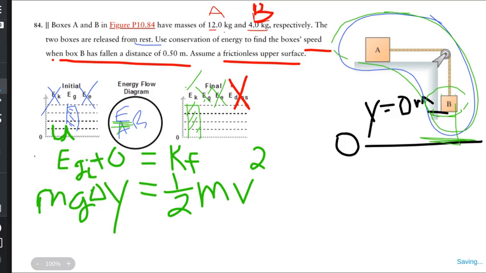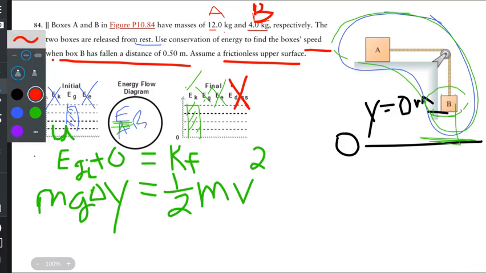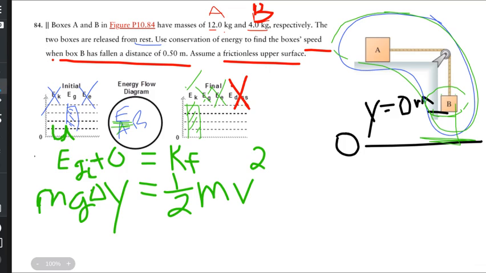Now, something we have to be really careful about in this particular case is our masses, because initially only block B has that gravitational potential energy. So this right here is going to be mass B, where finally both block A and block B are in motion, so this is going to be both masses.